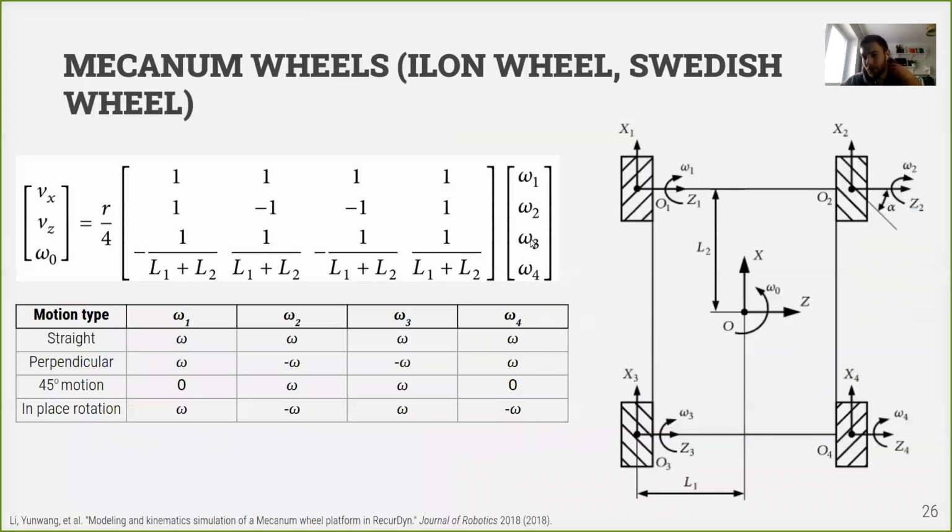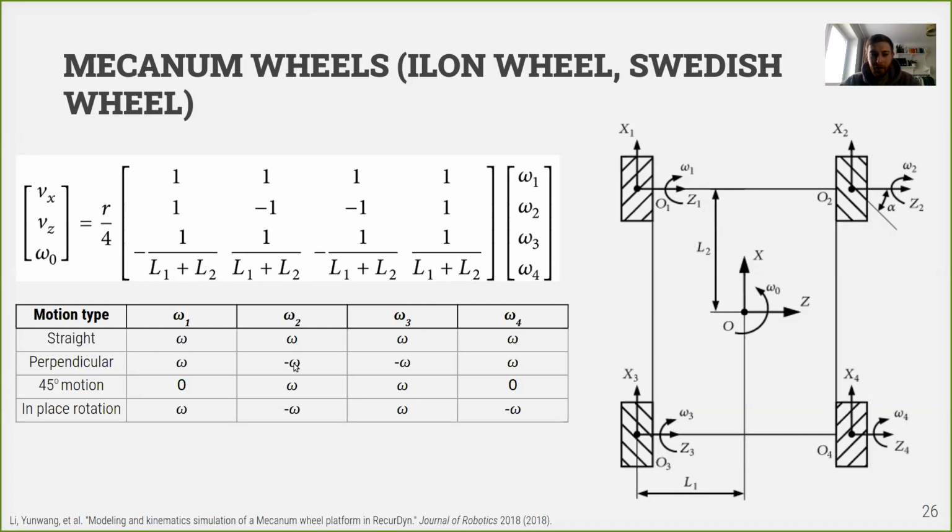And to control such a robot, we can use different angular speeds of our wheels. So you can see on the slide, if we have all four wheels rotating in the same direction with the same angular velocity, we will get straight motion, right?